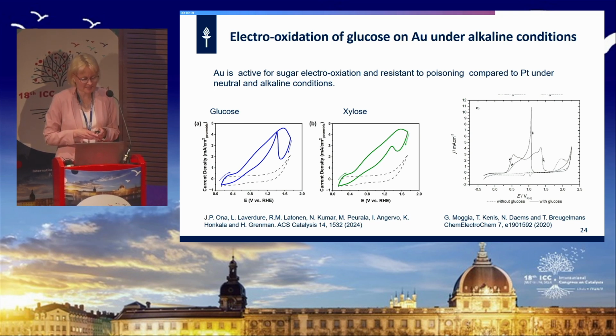What they see is that when the potential increases around 0.5 towards the anodic direction, the anode current appears, and there is a peak around 1.5. This peak is about the same for both sugars, and it has previously been linked to the electrooxidation of glucose to gluconate.